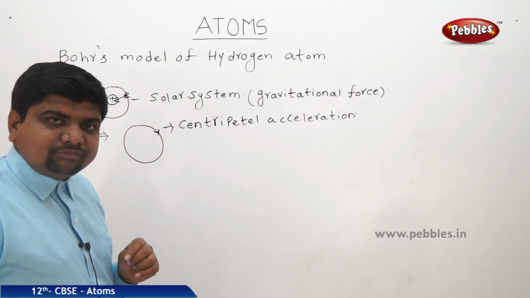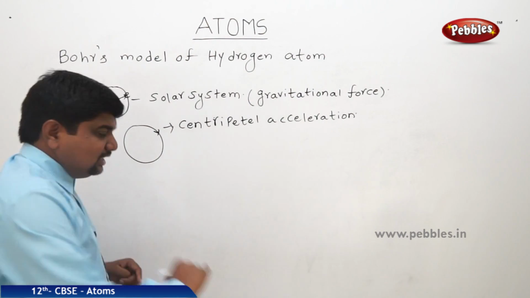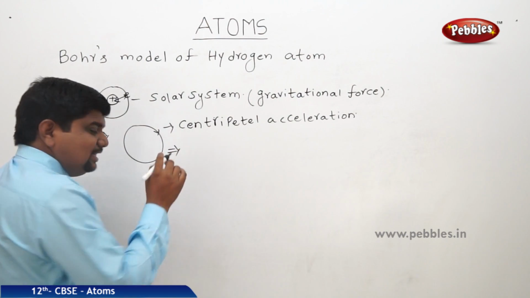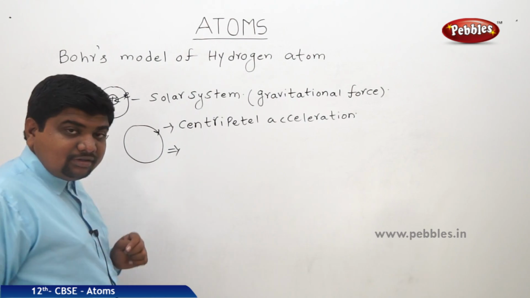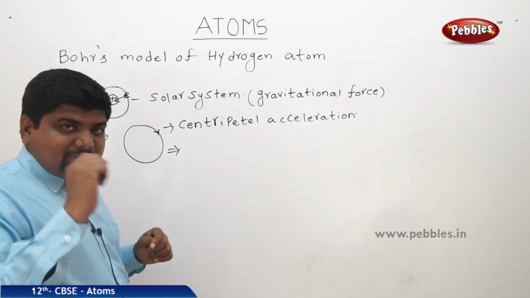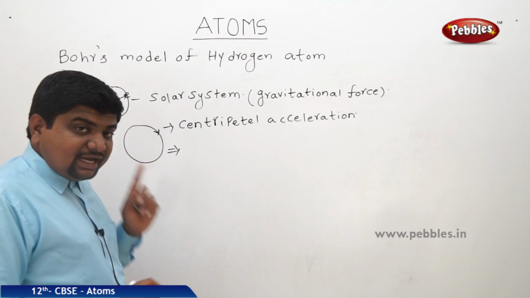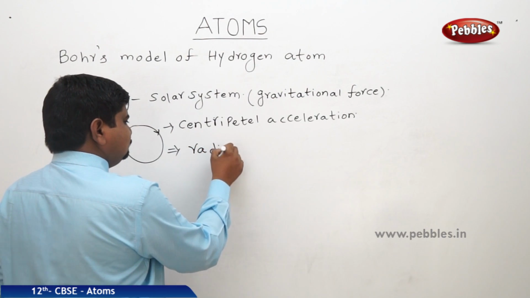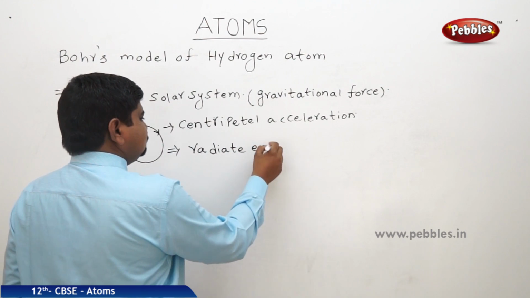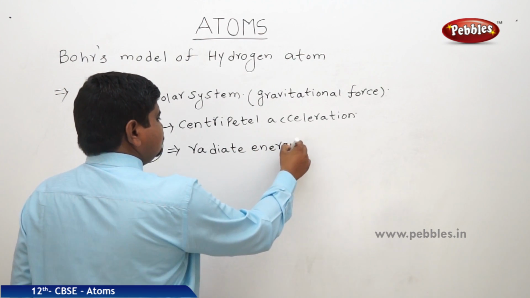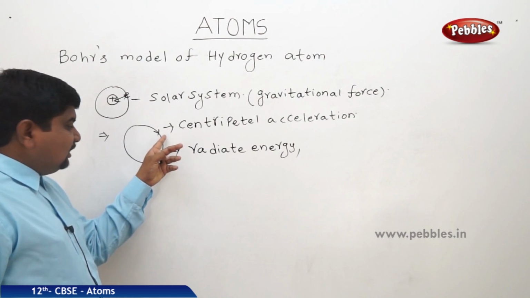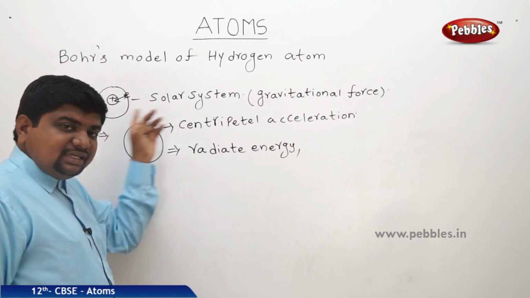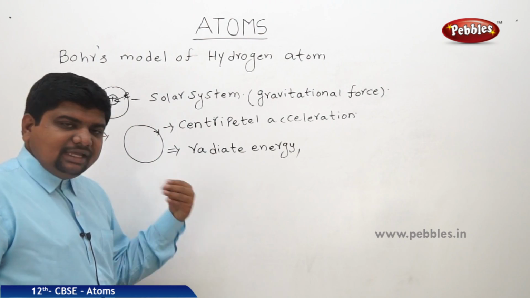But we know that any object or electron which is revolving in a path continuously will radiate energy. This means that while this electron is revolving continuously around the nucleus, there will be a loss of energy.